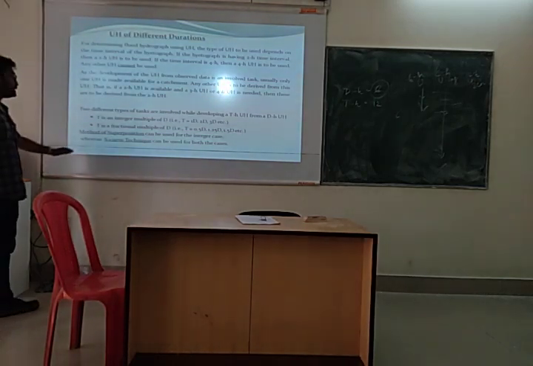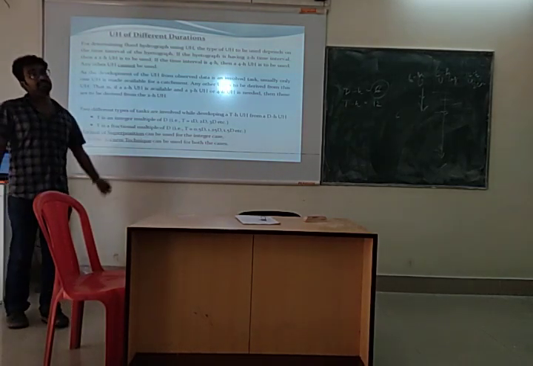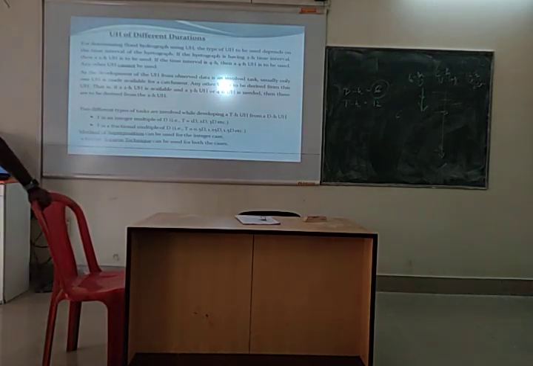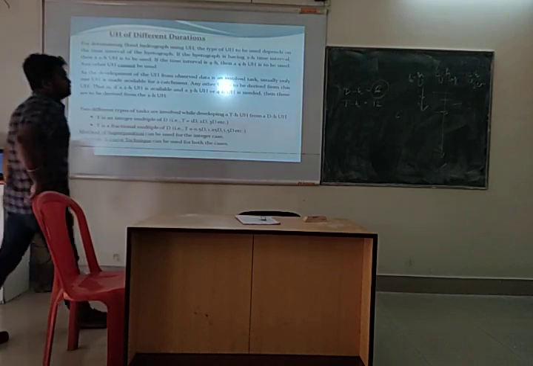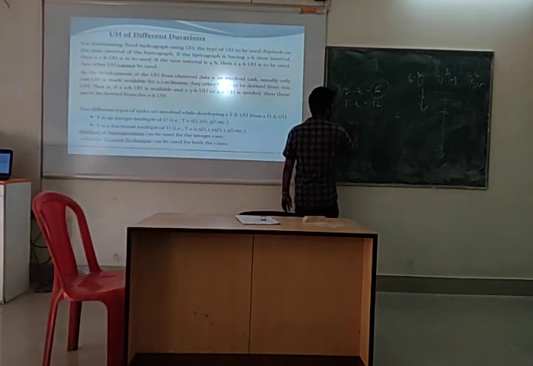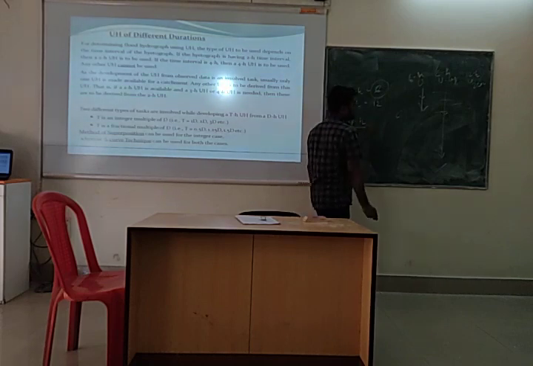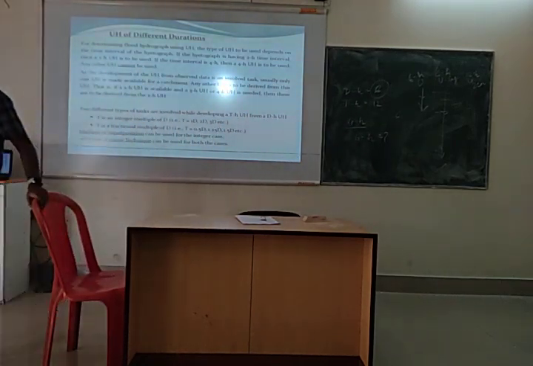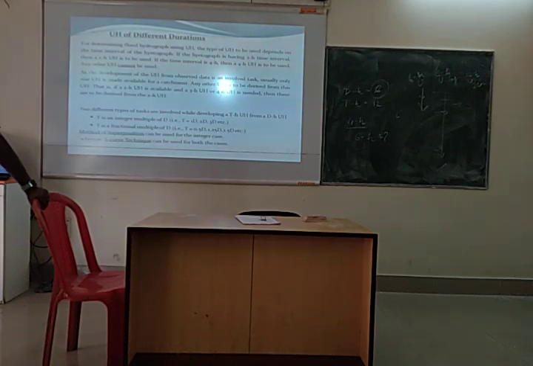But if T is not an integer multiple of D, suppose a 4-hour unit hydrograph is given and you need to find the 6-hour unit hydrograph, is it an integer multiple?